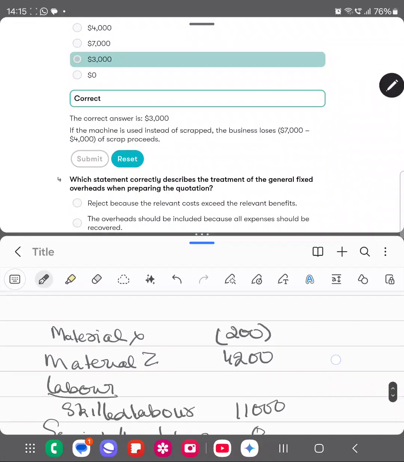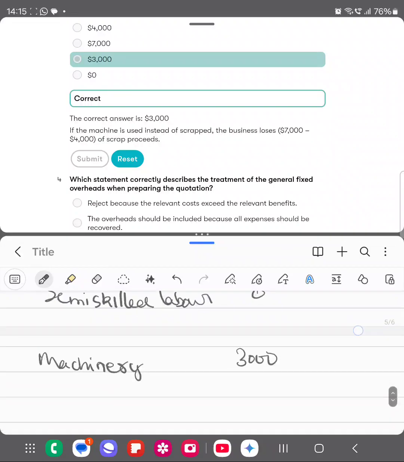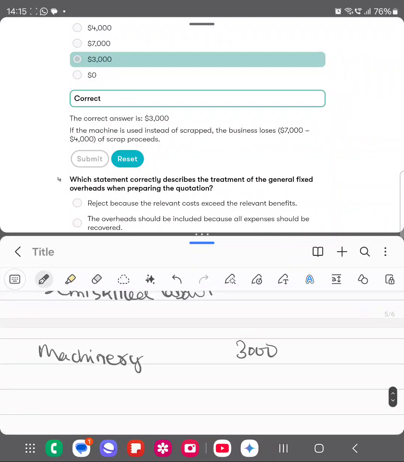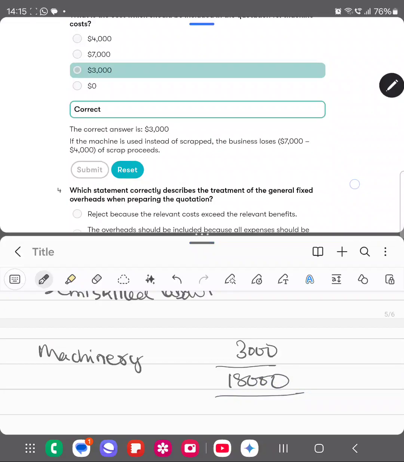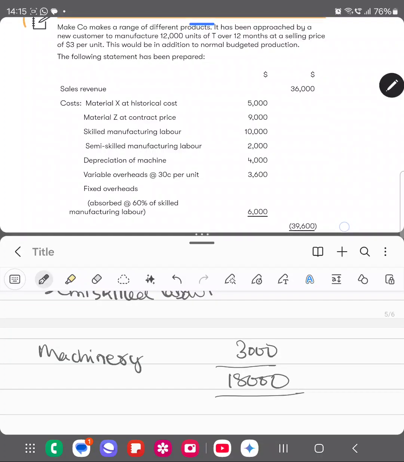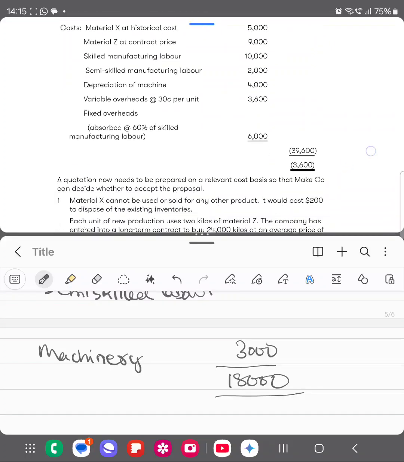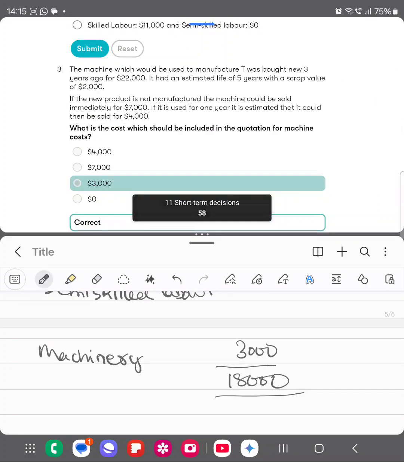So the relevant cost would be 4,200 minus 200 plus 11,000 plus 3,000. I'm not sure if it's correct or not. It should be 18,000. The relevant cost is 18,000, and over here the total cost it's saying is 39,600, and the loss is 3,600.